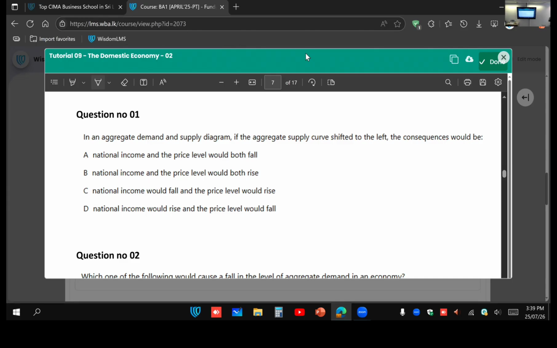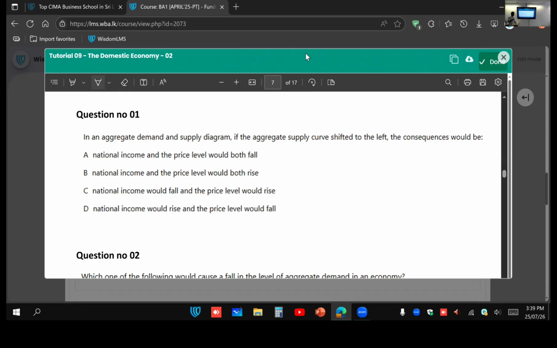Same demand, aggregate supply curve moves to the left. Draw and see what could happen. I'm not going to draw, by the way.